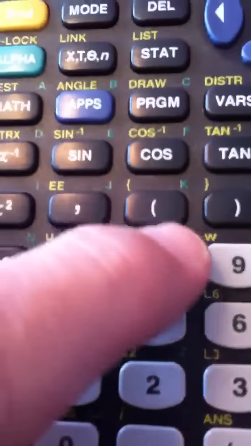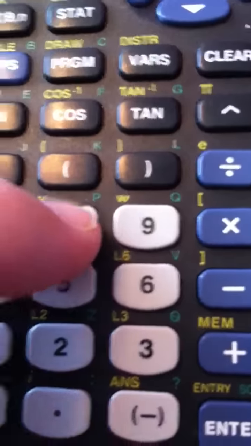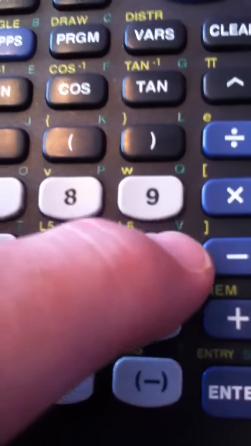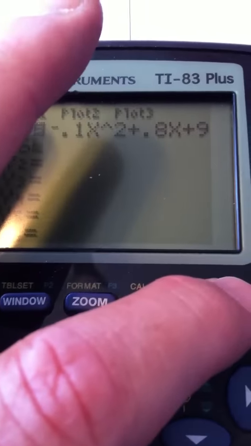We don't have a t, so we're going to call it x squared. And then plus 0.8x plus 98.6. And we're going to hit graph.